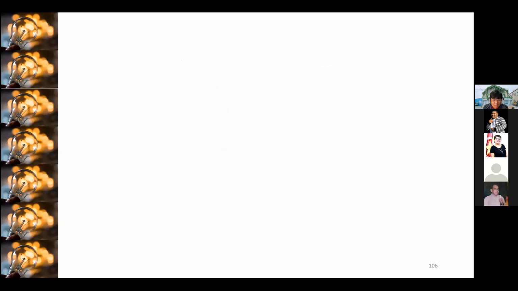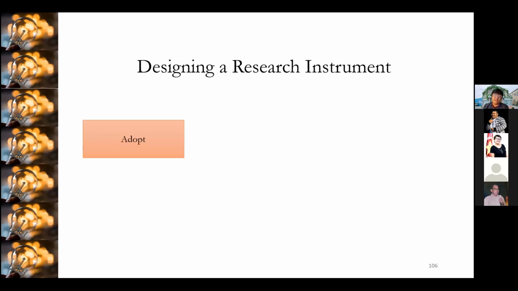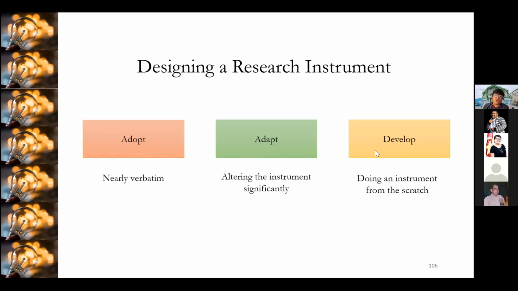So let's have a quick recap of instrument design. We have three ways: adapt with O, adapt with A, and develop. As I mentioned, adapt means you will be utilizing a prior study's instrument or measurement, nearly verbatim.